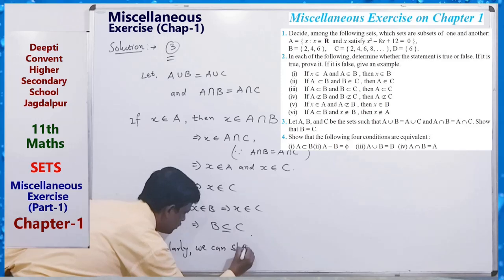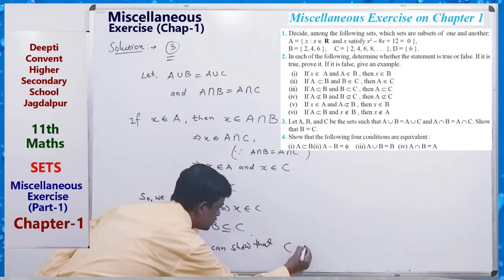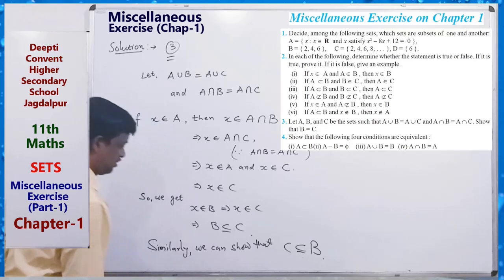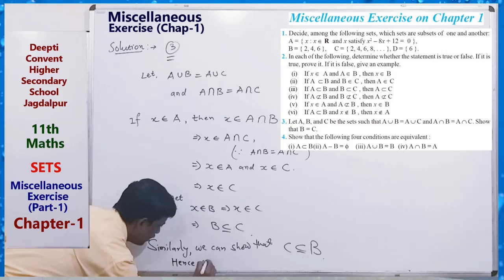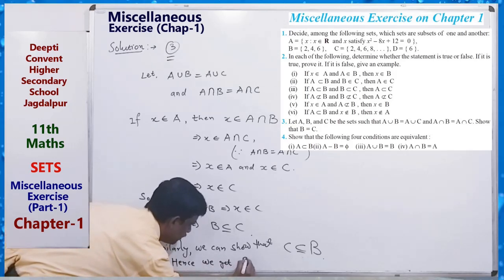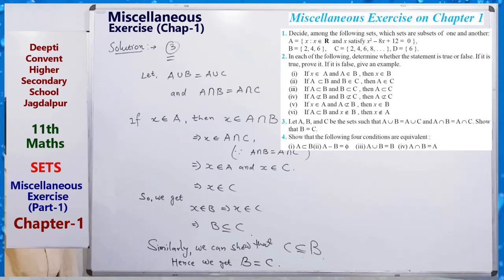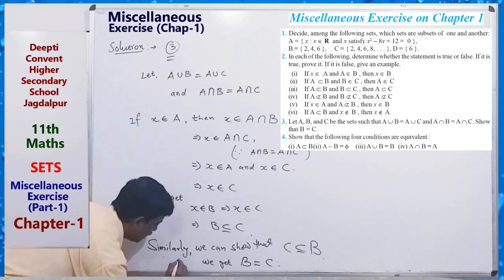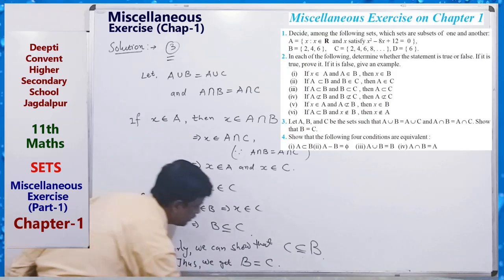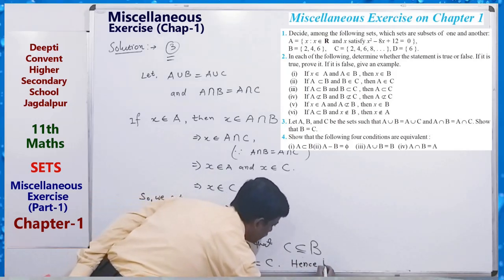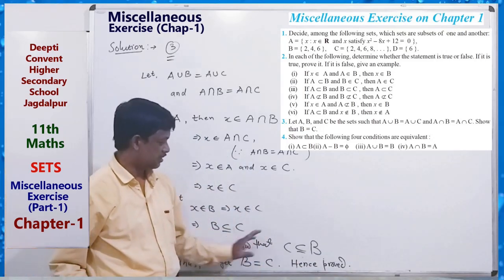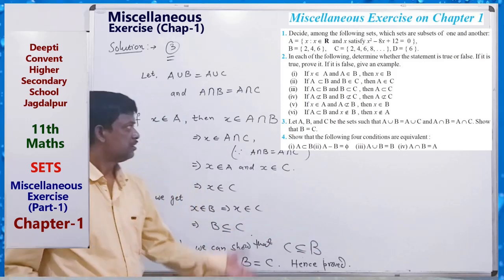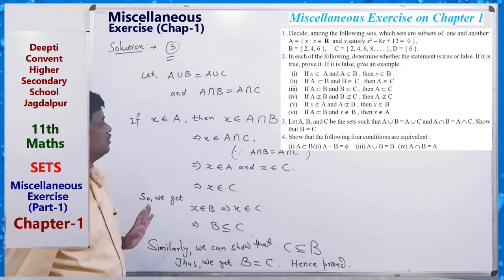We can show that C subset B. Hence, we get B equals C. Hence proved. Clear? B subset C and C subset B implies B equals C. So, that is the proof of the third.